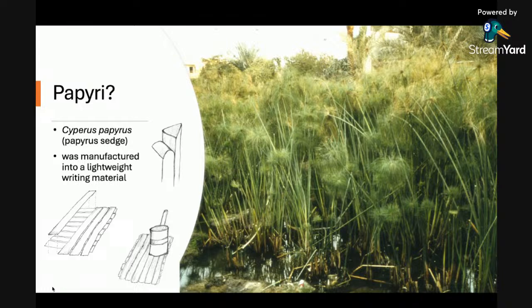And many products could be manufactured from this plant, like shoes and boats, but the most significant usage for us historians and linguists was the writing material that was produced by cutting thin layers from the stem of this reed and then hammering and drying the two-layer sheet into ancient paper.